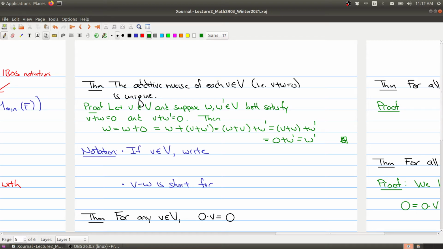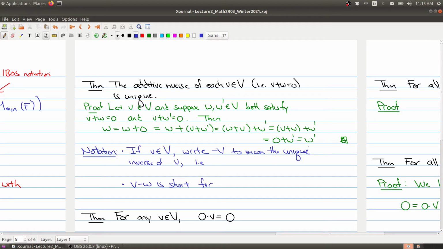So this is like the previous result, where we can talk about the zero element. In this result, what it says is when we have an element v, we can talk about the unique inverse, and because of that, we usually write minus v to mean the unique inverse of v.